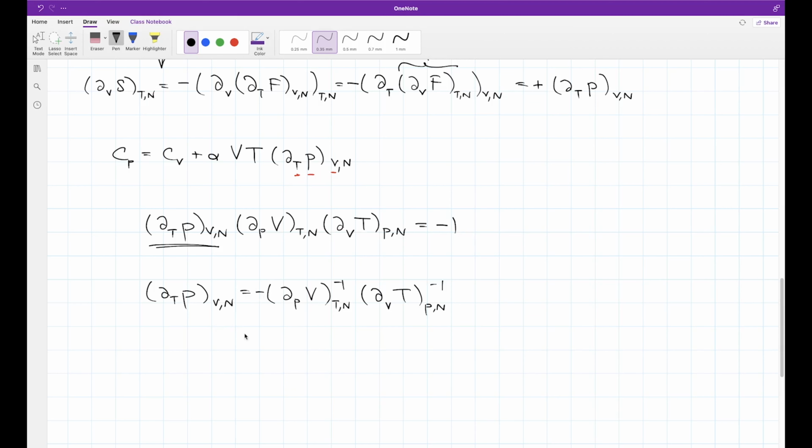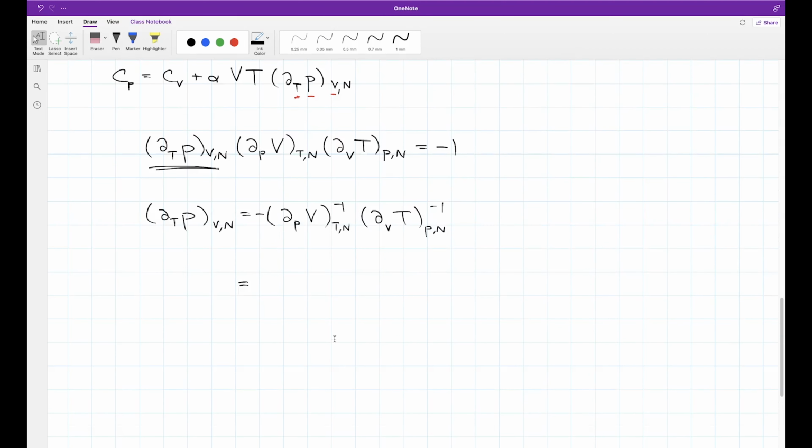Good. And the last thing that we need to do is use the inverse function rule in order to rewrite this term here. So we get minus partial with respect to P of V fixing T and N inverse times the partial with respect to T of V fixing P and N.